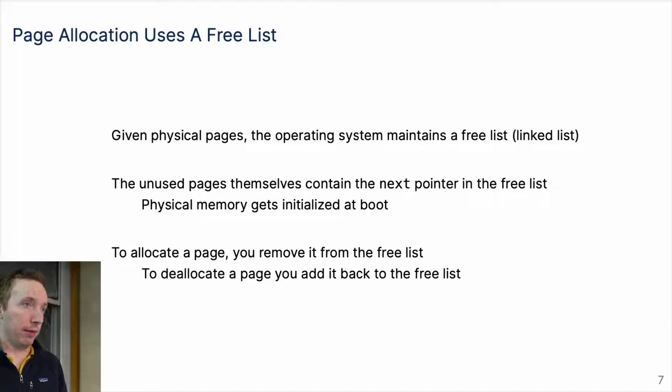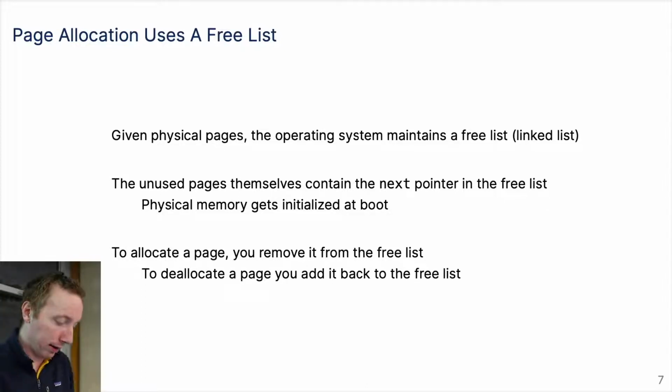You look at whatever's the head of the list, make this page the head of the list, and add the new page to that. That way you can also reuse memory. So our linked lists learning has not been in vain, because that's the simplest way to allocate memory. You just do it in pages. If something wants a page, you map it and pop it off the list. To deallocate it, you just add it back onto the list.